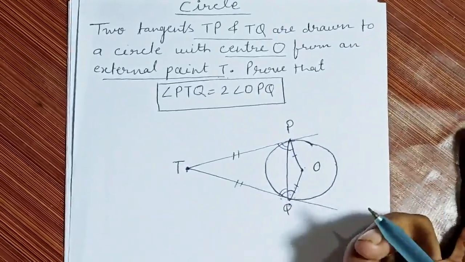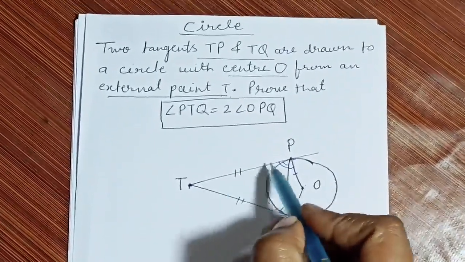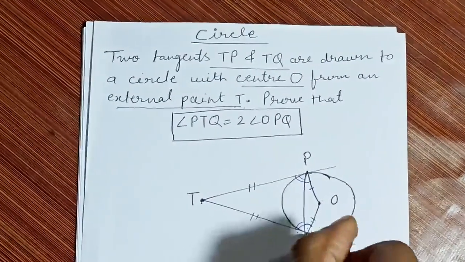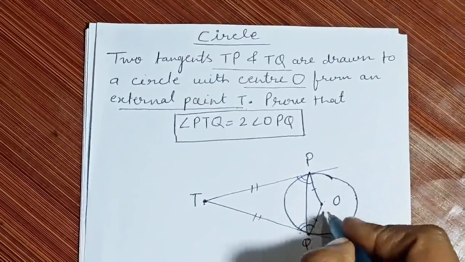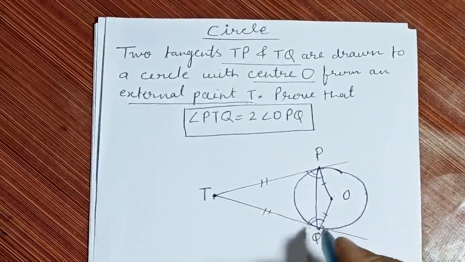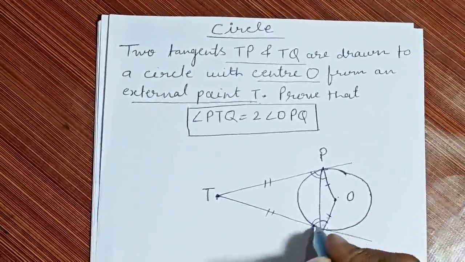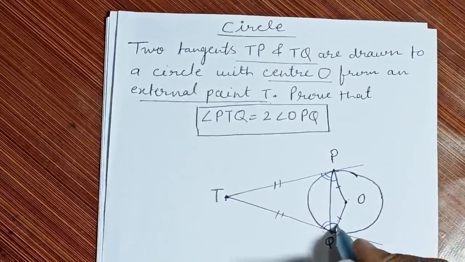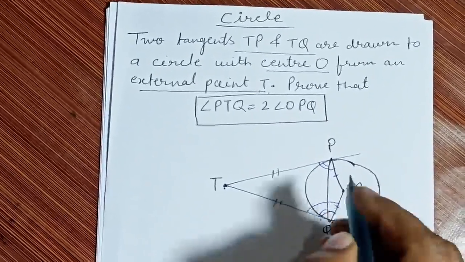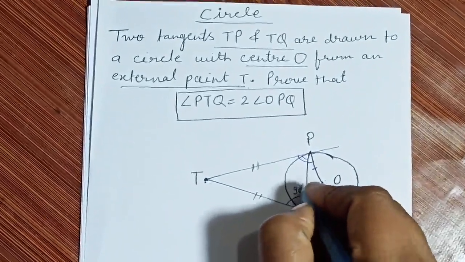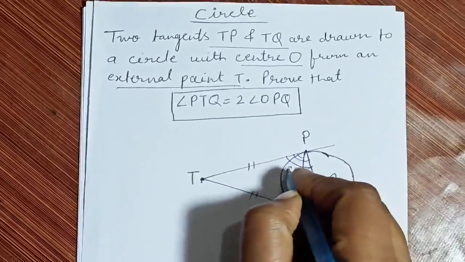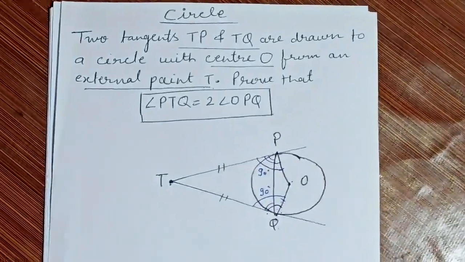And the second theorem is the tangent at any point of a circle is perpendicular to the radius through the point of contact. This contact point is the point of tangency. So we can write here 90 degrees: the tangent is perpendicular to the radius, so it is 90 degrees.